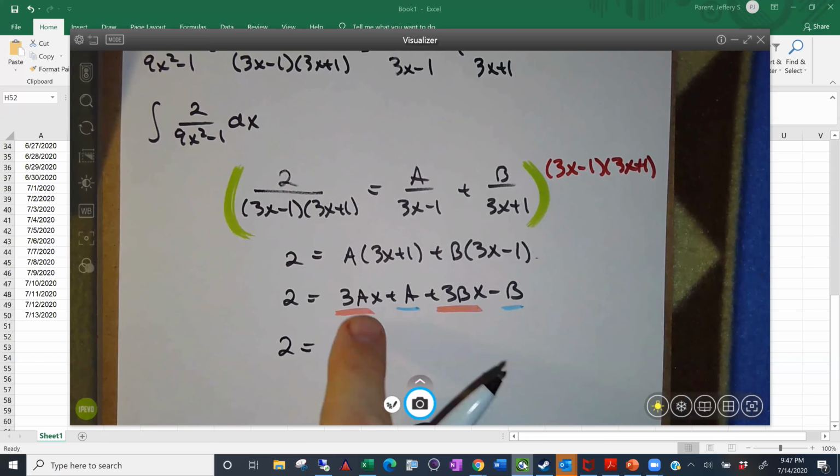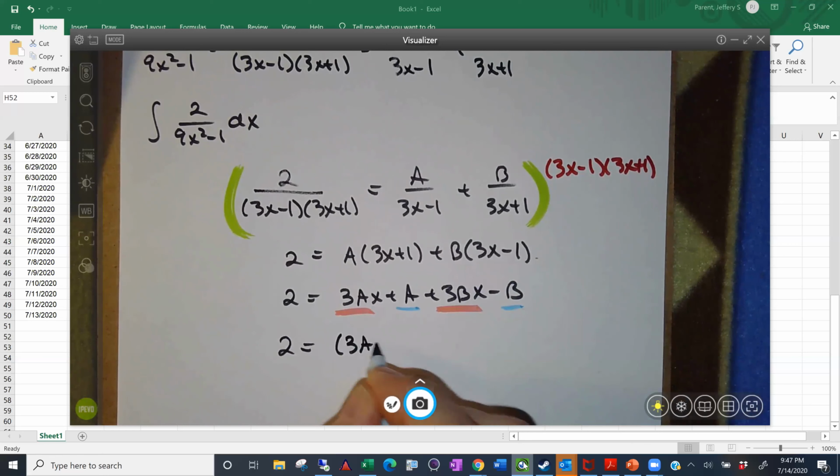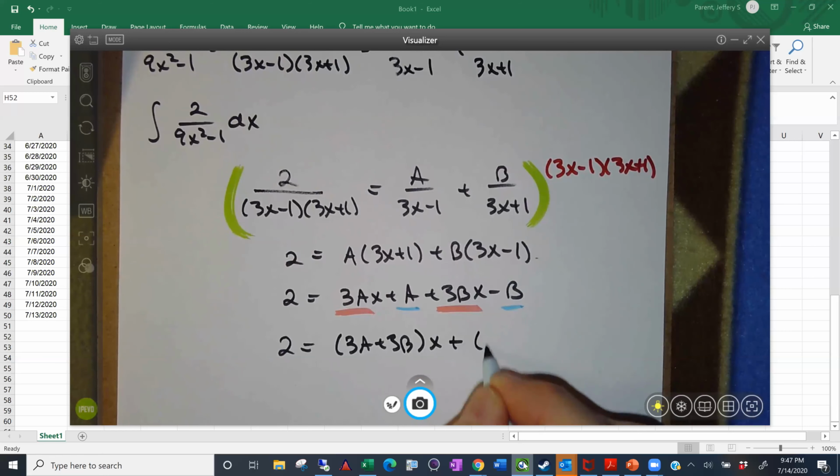The x part I'm going to factor out. So I'll write it as (3A plus 3B) times x plus A minus B. So I've got my coefficients of x here. And if you distribute the x, you can see what we got here, right? 3A times x and 3B times x.